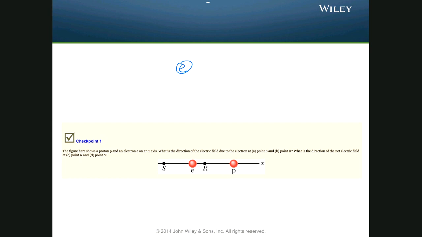The proton's not in here. We can put our point R and point S. The question I have for you is, which way, let me make another point here. I know they're not perfect, but are the field lines going to go into the electron? Remember, well, first of all, is the electron negatively or positively charged? That's the first question. That's an easy one.